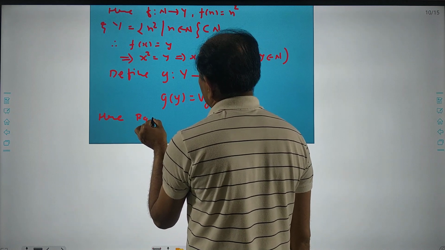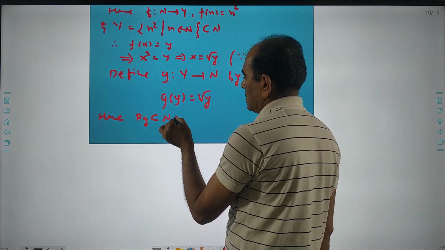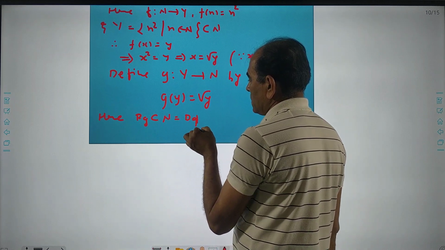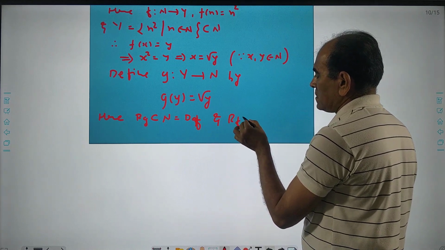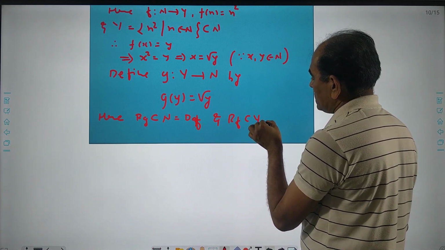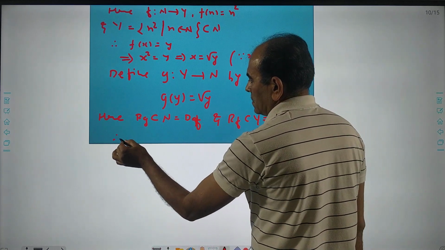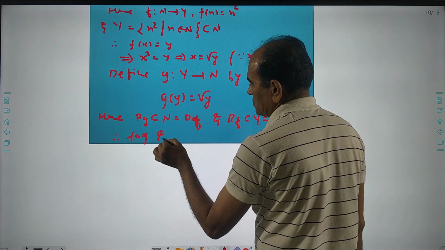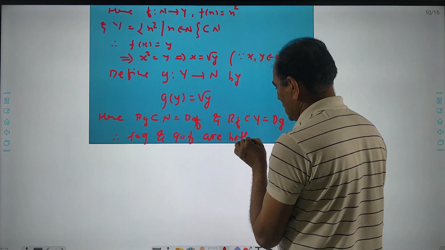Here, range of g is a subset of N, and that is equal to the domain of f, and range of f is a subset of Y, which is equal to the domain of g. Clear? And therefore f∘g and g∘f are both defined.